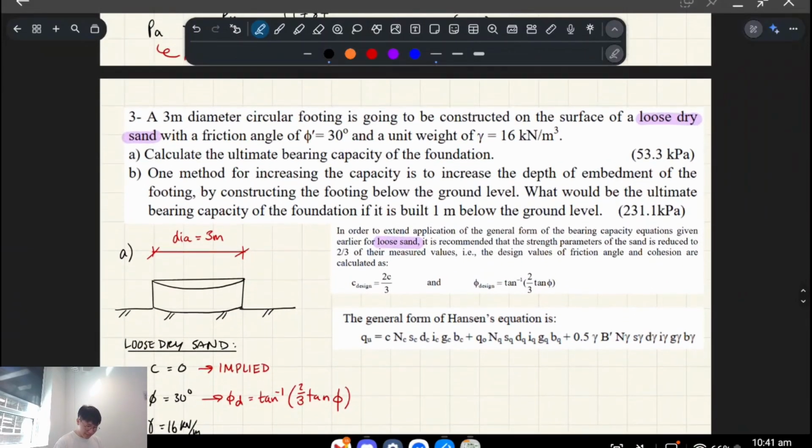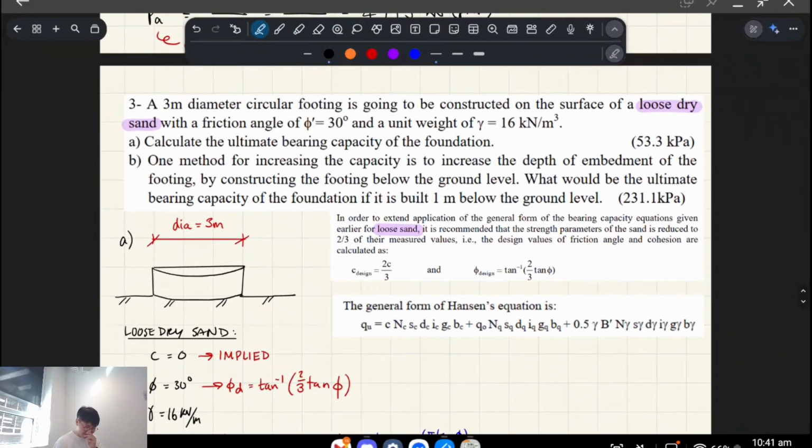Now we can see quite a unique example. You'll never ever see a footing like this in real life, where it's on the surface of the ground, on loose sand, and it's circular. This is the most lecturer example for an impractical scenario in real life.